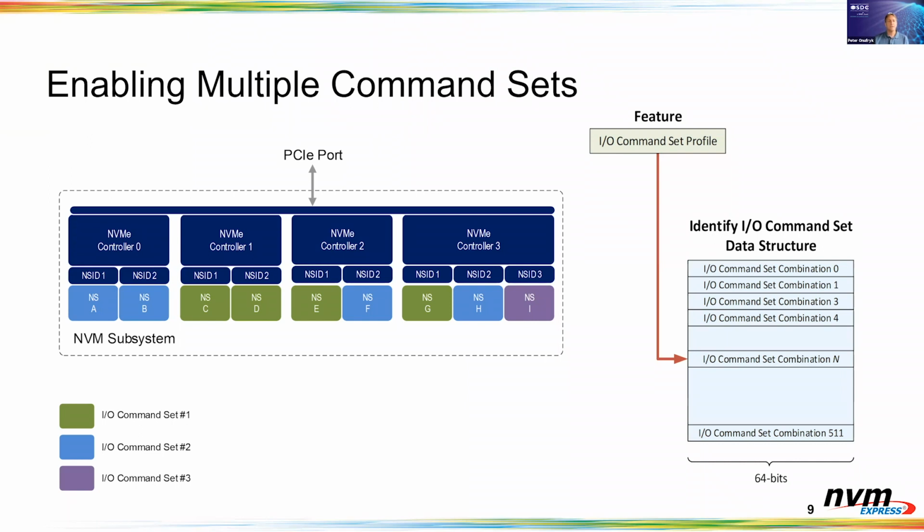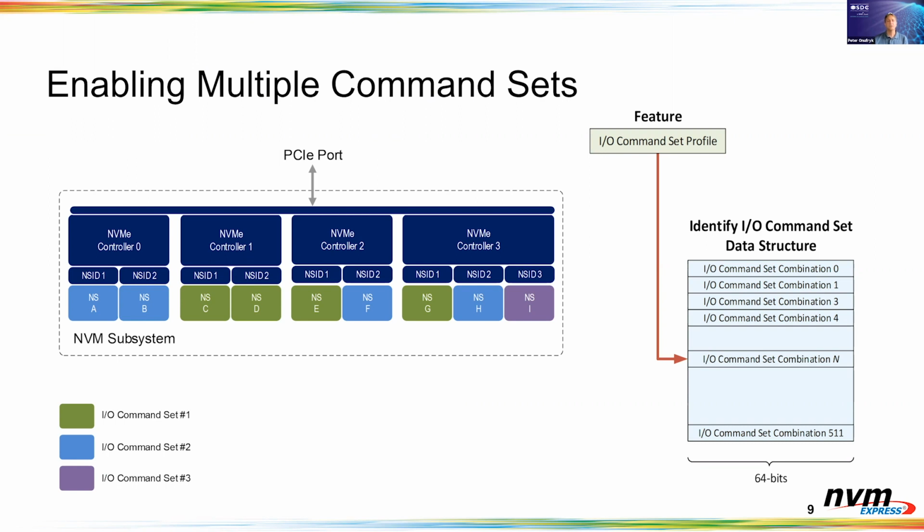To allow this, we added a restriction using the identify IO command set data structure that contains multiple command set combinations. Each command set combination is a bit vector with a bit per command set, which allows you to select a subset of command sets that may be enabled by a controller at a point in time.